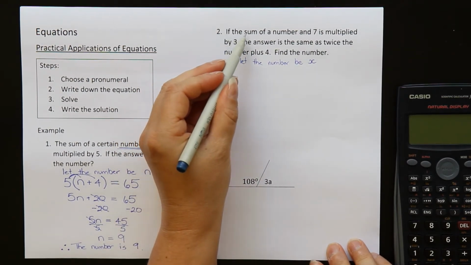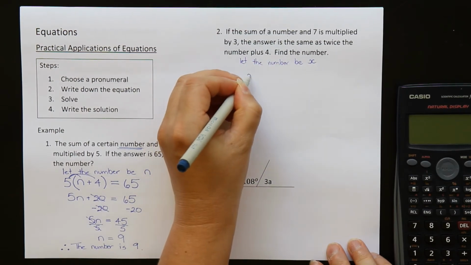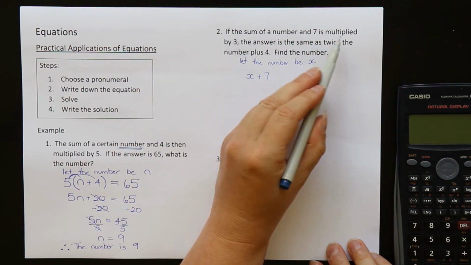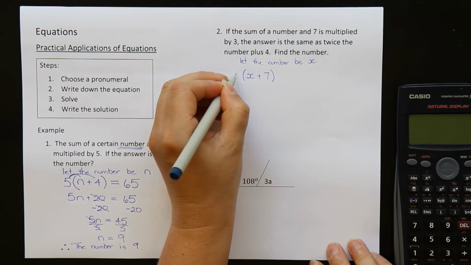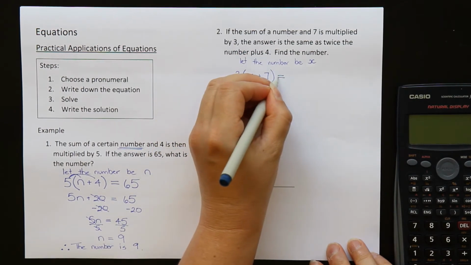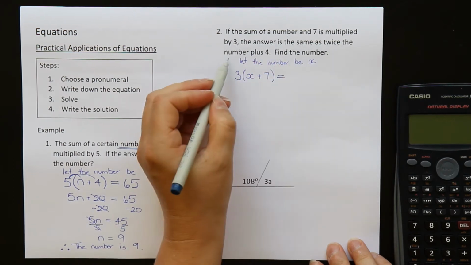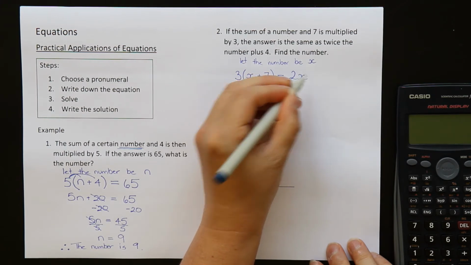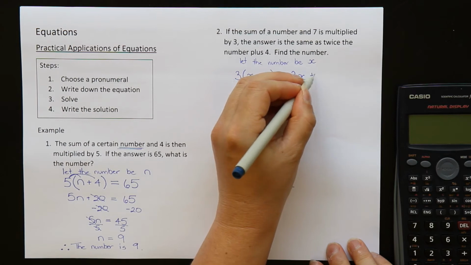So if the sum of a number and 7, so the sum of my number and 7 is multiplied by 3. So I need all of that to be multiplied by 3. The answer, so equals, is the same as twice the number. So twice the number again, so there's another x, plus 4.